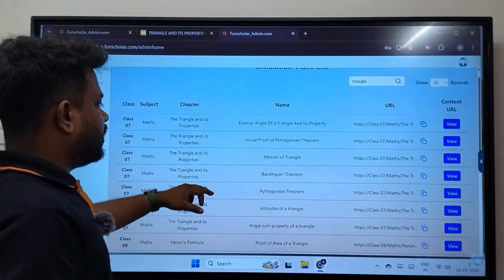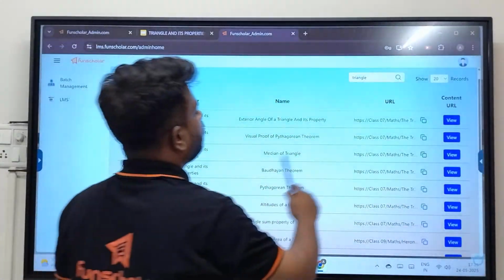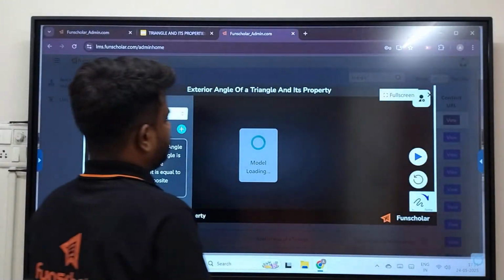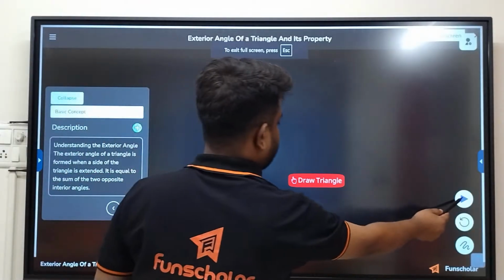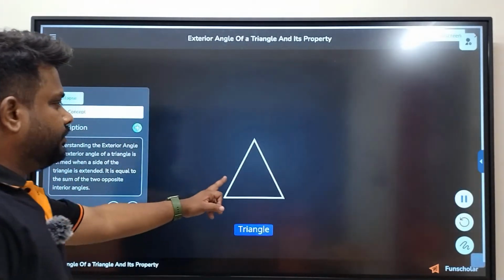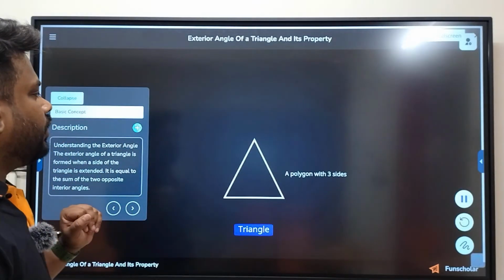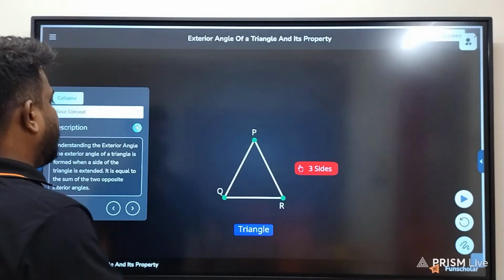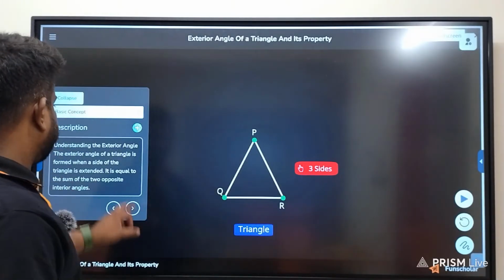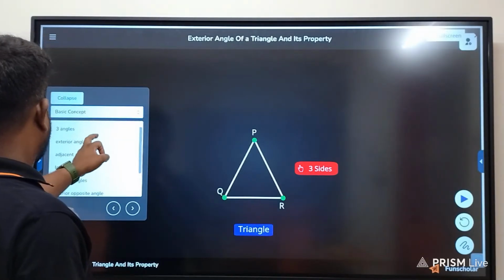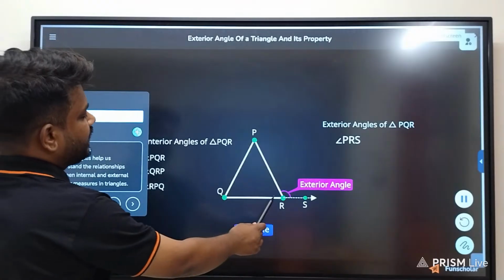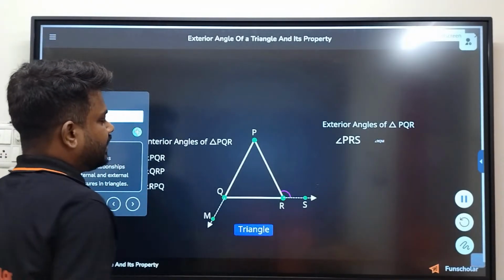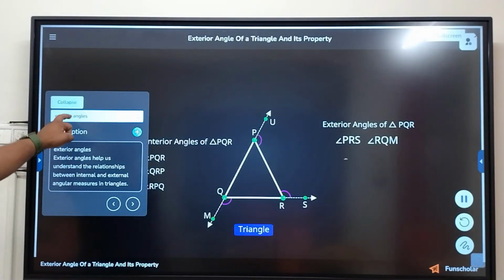Now let's watch the exterior angle of a triangle and its property. The first step is to draw a triangle. We have drawn a triangle which has three sides. And now we have extended it to make the exterior angle of this triangle.